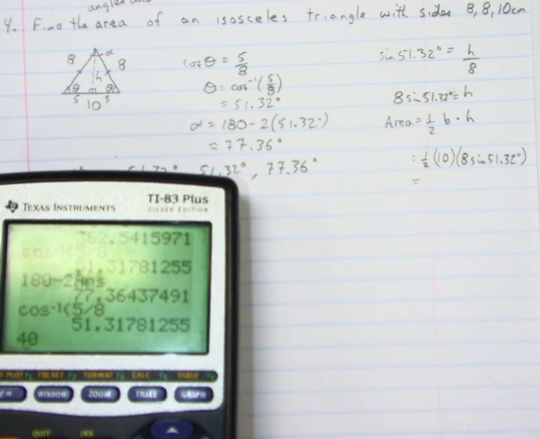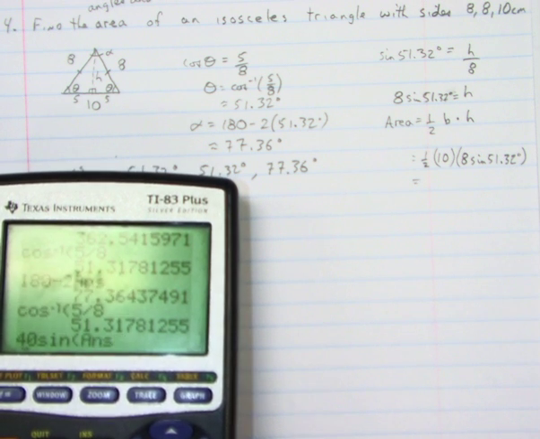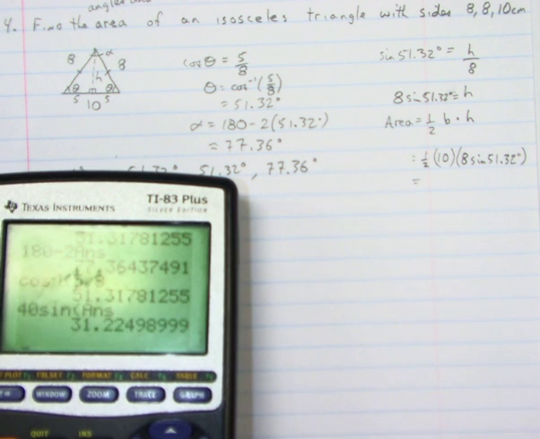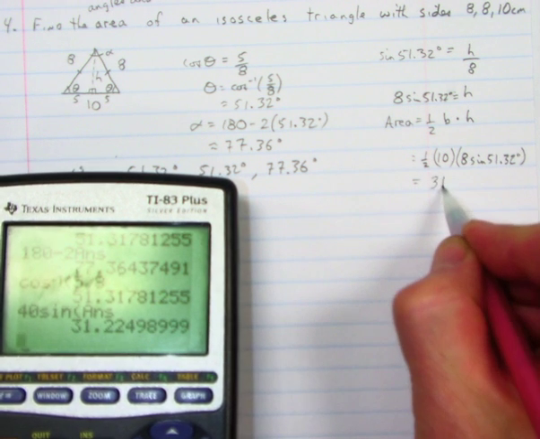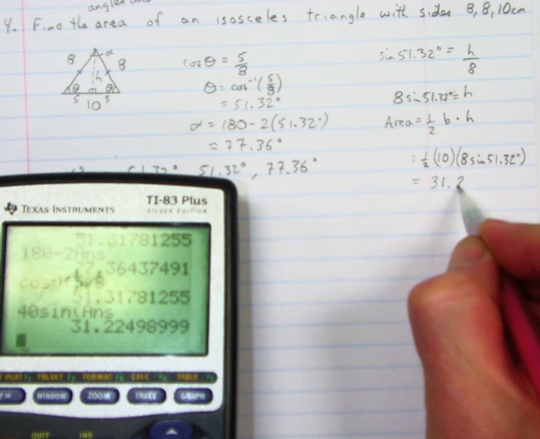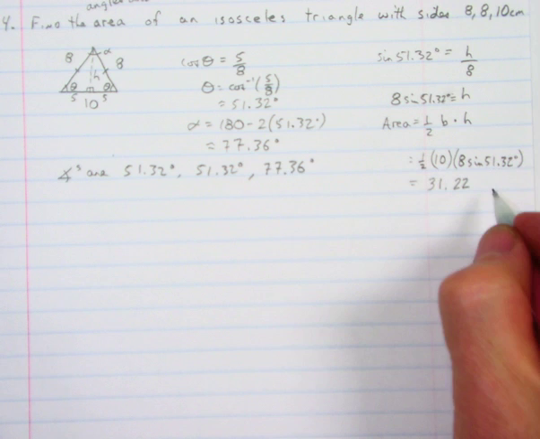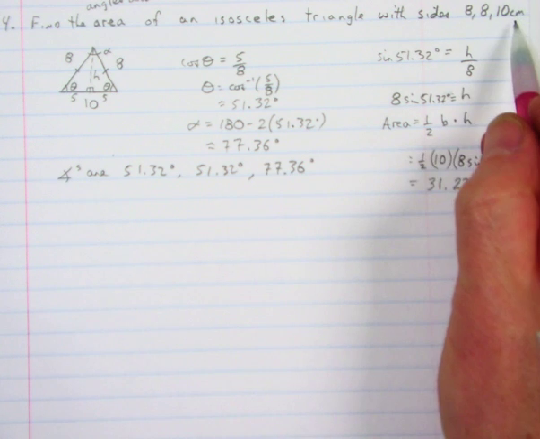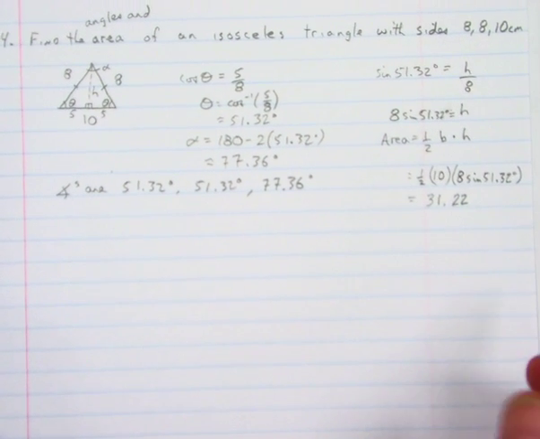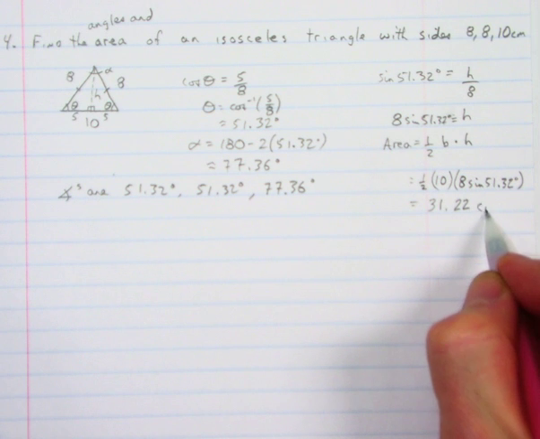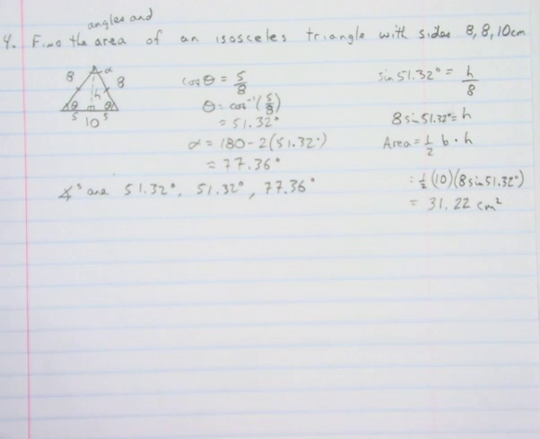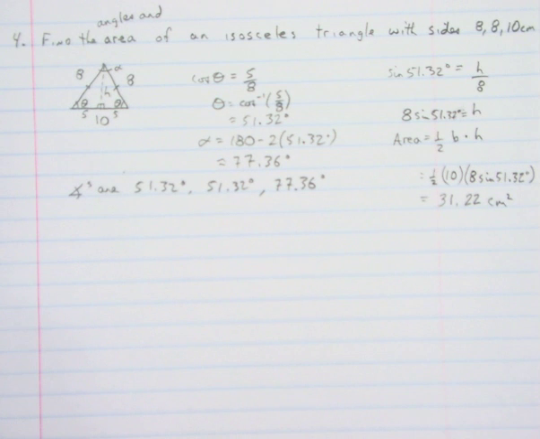So I'll have 40 times the sine of 51.32, or I use answer. And that gives me 31.22. Now we have to make sure that we remember our units. The units on here were centimeters. And so the units right now will be centimeters squared. And that's all the notes for today.